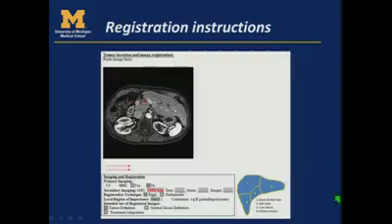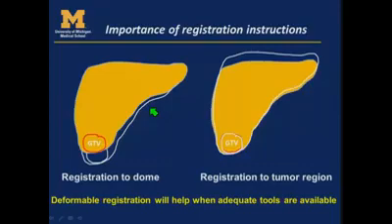And so on this, we have a place where we can paste in the picture where the tumor is, so the person doing the registration knows exactly where to bias the registration to. And then we also have just a general description of where it is, so there's a backup just in case it's not clear. So here's an example. If the GTV is down here at the very bottom of the liver and there are no instructions given, well, it's really easy to align it to the dome.